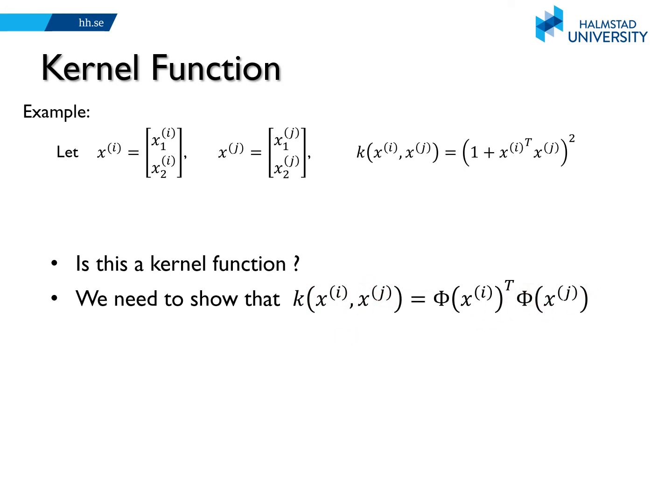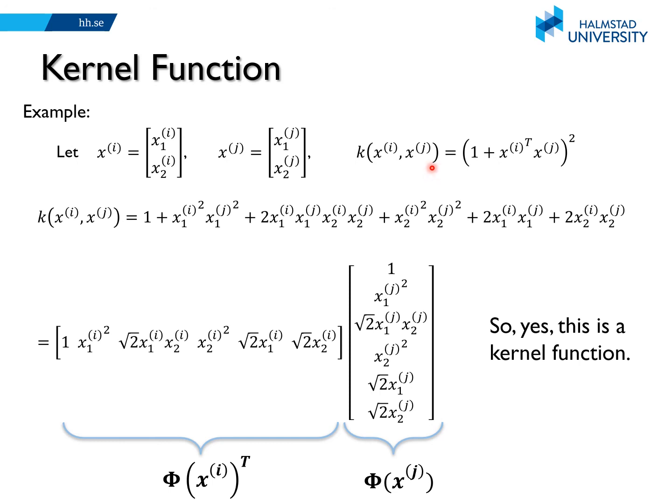So let's do this. If you take a piece of paper and simplify this function, you will get this. And we can easily show that this corresponds to the dot product between this vector and this one.